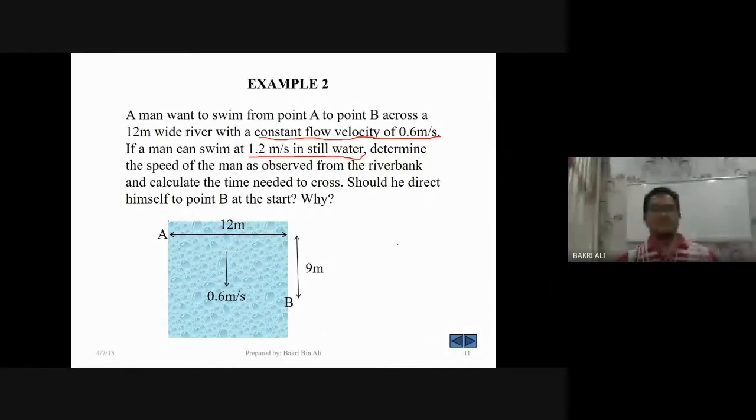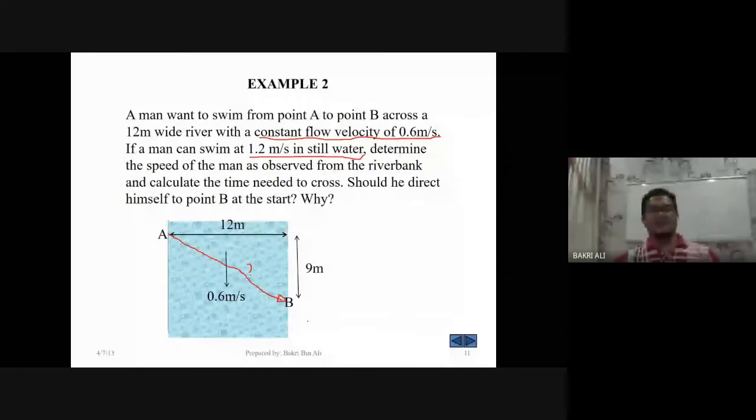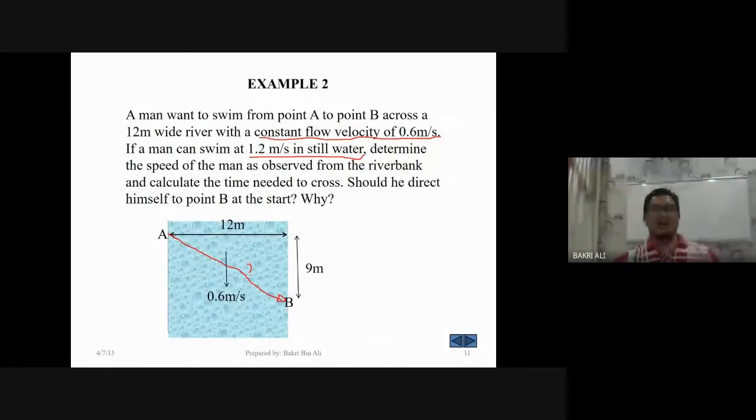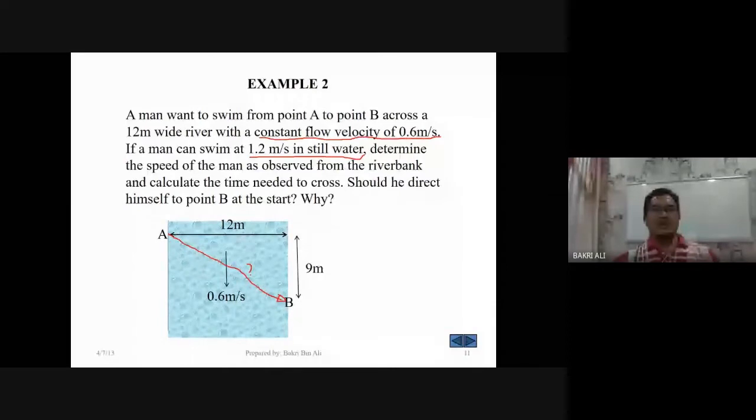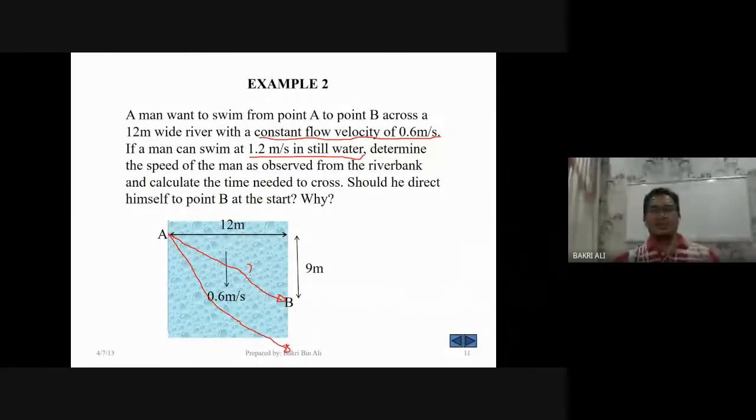Why? Okay. So maybe from your experience or of course from this diagram directly, we can see that if he swims directly from A to B, the river current will push him not to B but to the other side, far away from B due to this 0.6 meter per second.